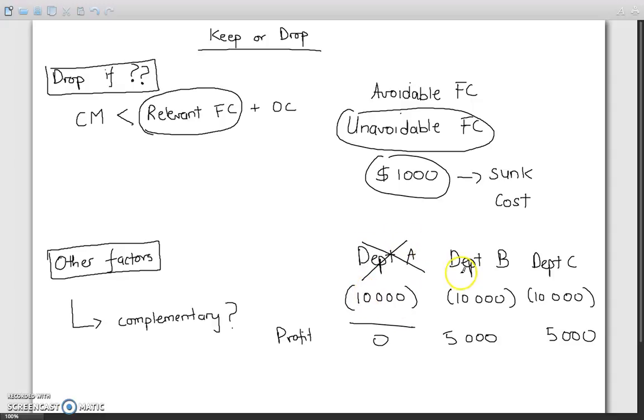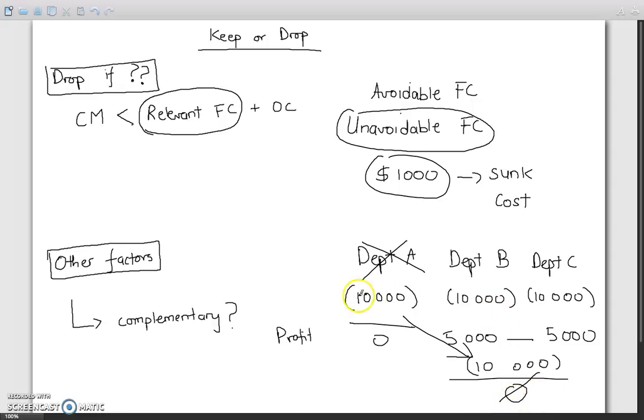This 10,000 of fixed costs is going to go to departments B and C, and the 10,000 of profit that you're earning right here is going to be canceled out by this 10,000 of fixed costs. So your entire business is going to go to zero. Basically you're going to be breaking even. Your business is going to be earning a zero.